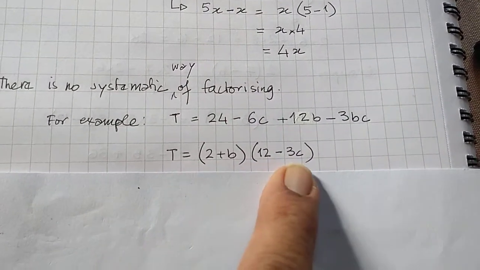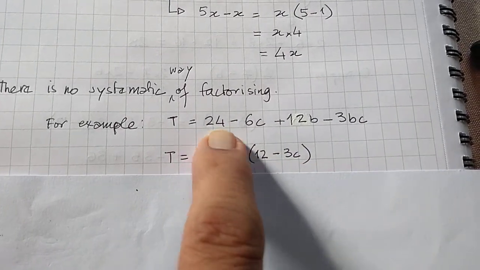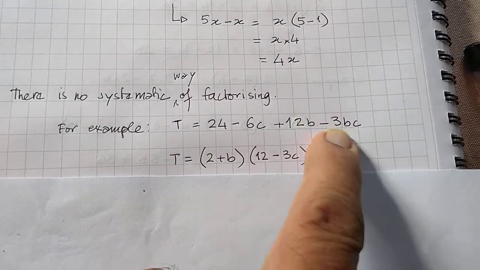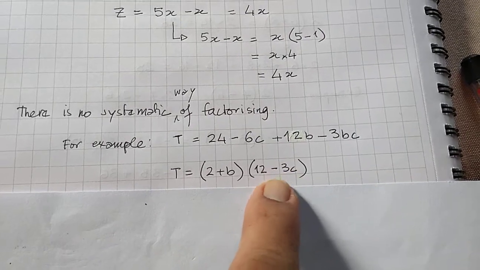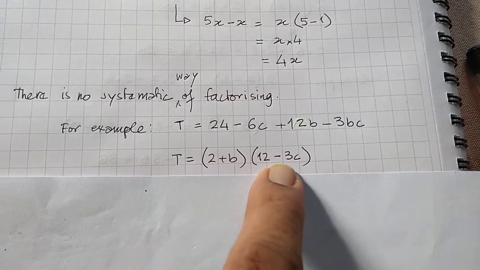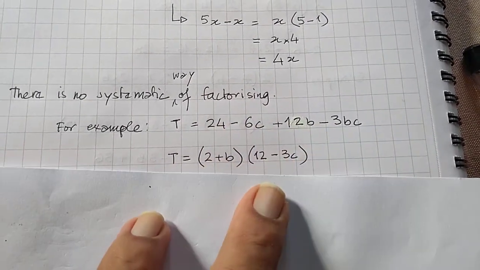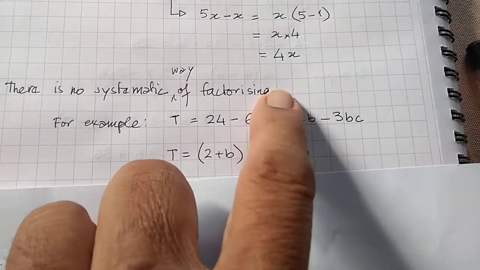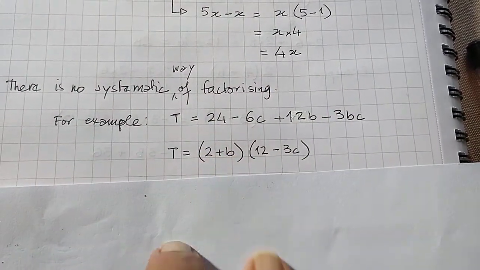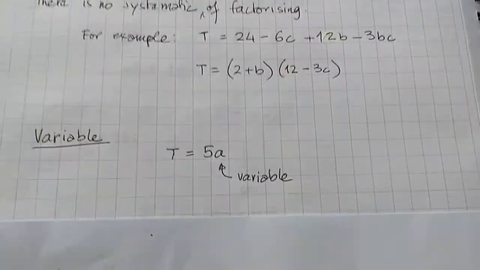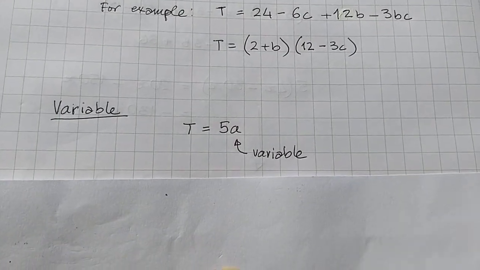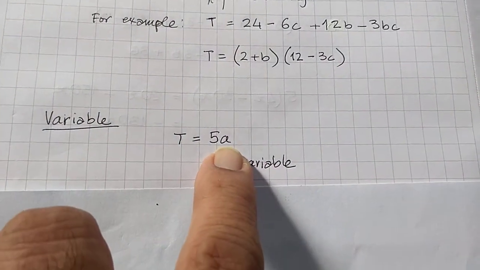If you expand this, if you develop this, you will get that. How did I get this? Well, to tell you the truth, I started with that. I got that. That's how I know that if you factorize this, you will come to this. So this is that one word they call variable, where something can change.